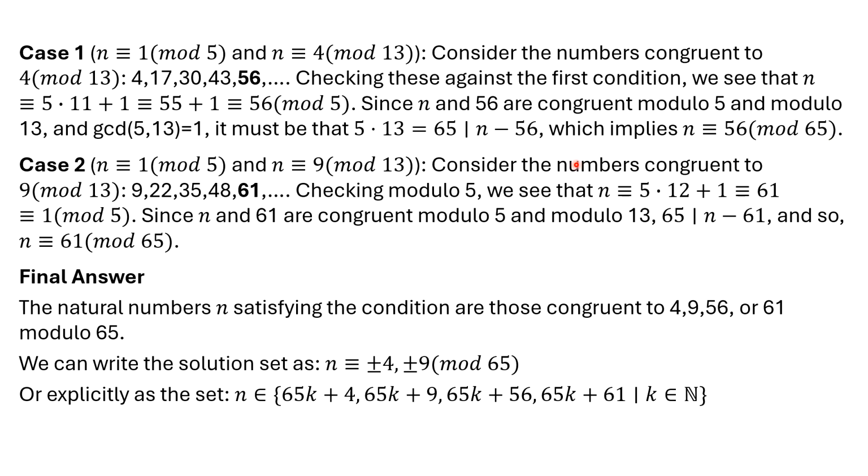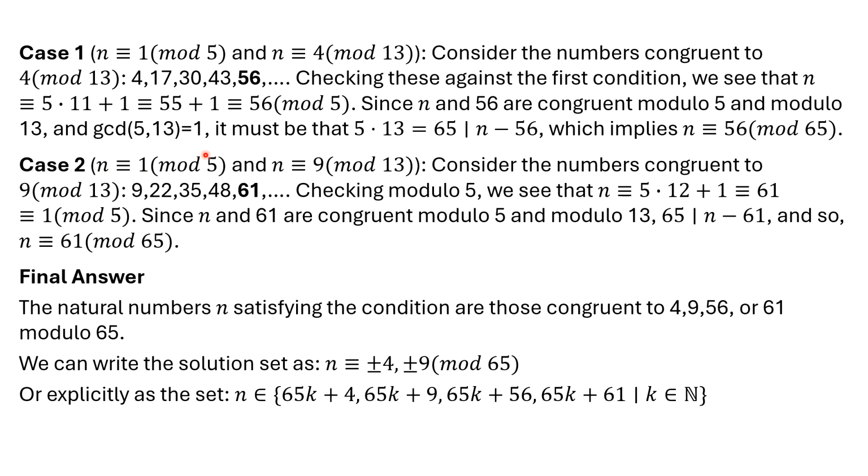Then finally we look at case 2, which is very similar to this case here. We consider the second condition, and it turns out here that 61 will work in both cases. So I'm just adding 13 to 9, 13 again, 13, and we get 61. You just have to check some of these to see that that works out. I don't want to give you the impression it's immediately obvious, but if you look at 61, we see that n minus 61 is divisible by 13.